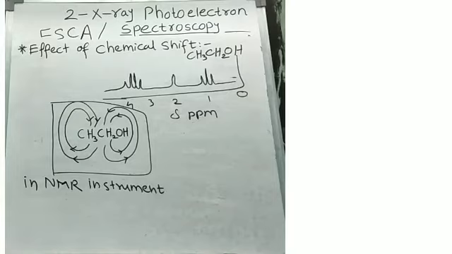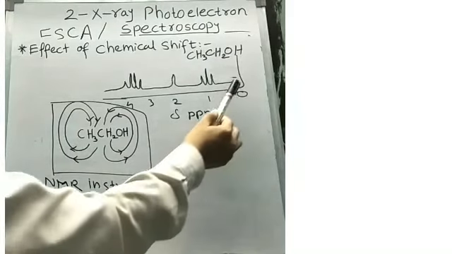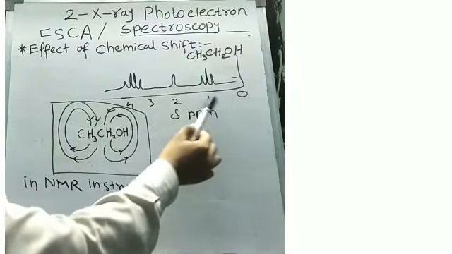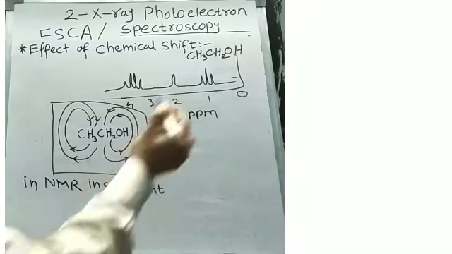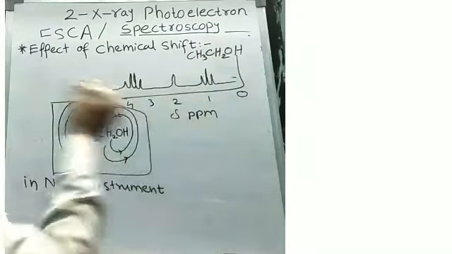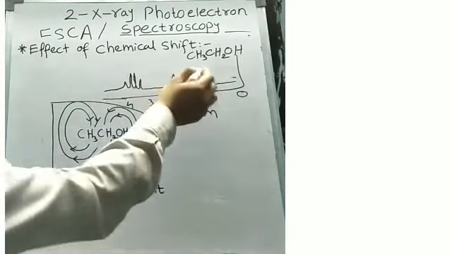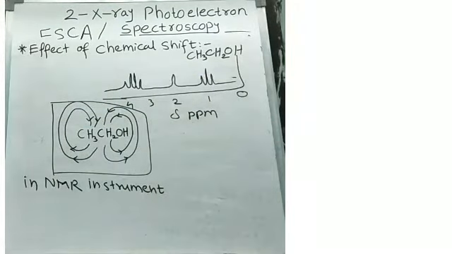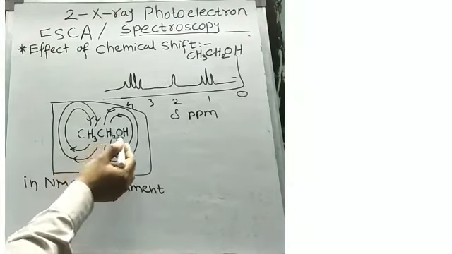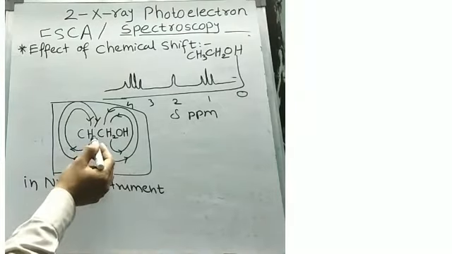This one is the chemical shift, the numbers 0, 1, 2, 3, and here peaks are obtained at different positions. These peak positions are called the chemical shift. So chemical shift is obtained from the resonant frequency of the nucleus relative to the magnetic field producing the signal. These are the nuclei: carbon, hydrogen, oxygen.